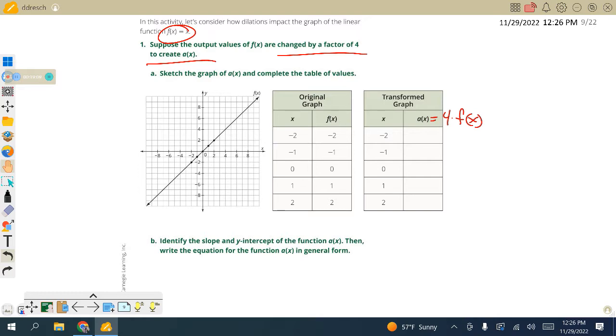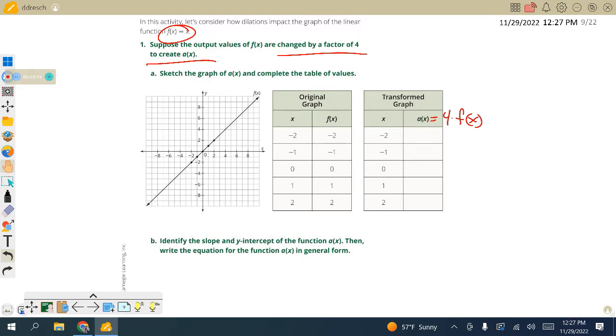Okay, so when they say change it by a factor of 4, that means multiplication's happening there. That multiplication's happening at the very front. 4 times f of x. So let's do that because we all can multiply nicely here. We're taking that f of x column and multiplying by 4.